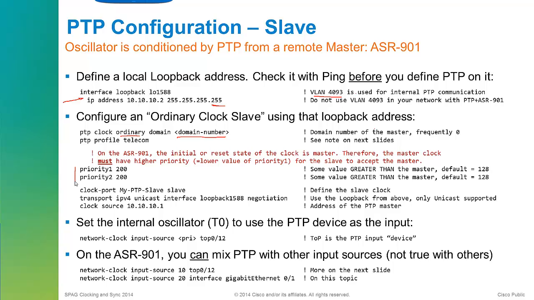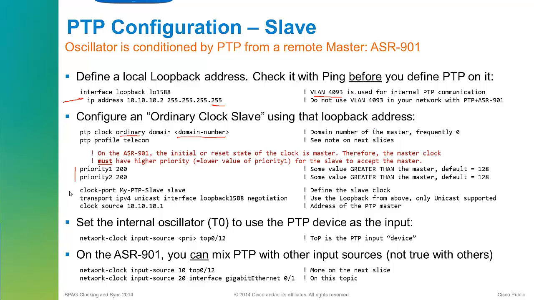So if you have a 901 and you've configured it and nothing seems to be working, go and have a look at the priority 1 field on this device and also on the Grandmaster. A trap for young players, and I've fallen into it myself as well. So on every page I will put priority 1 at 200 on the slaves and 100 on the masters to make sure this doesn't happen.